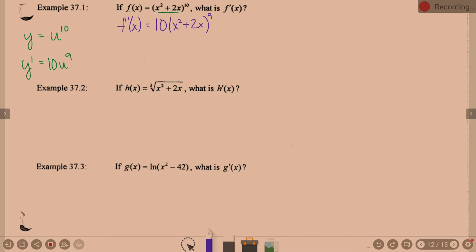That's what we did with u. But don't stop there, because we don't just have u in there. What's the derivative of x squared plus 2x? 2x plus 2. Derivative of x squared is 2x, plus the derivative of 2x is 2. That is a version of your answer.